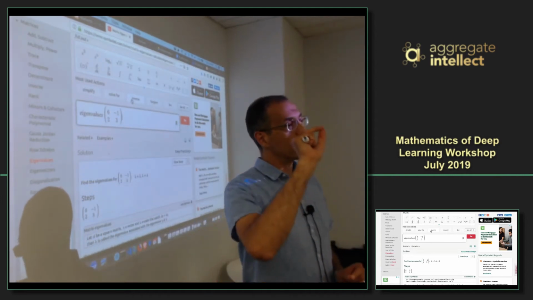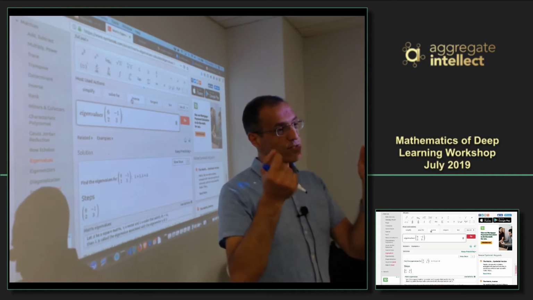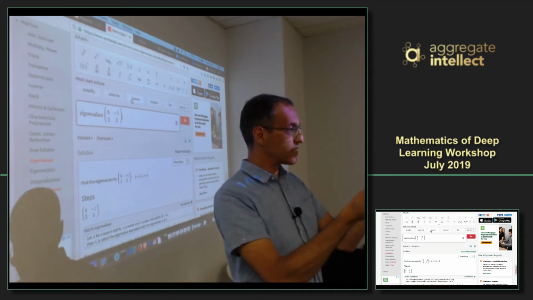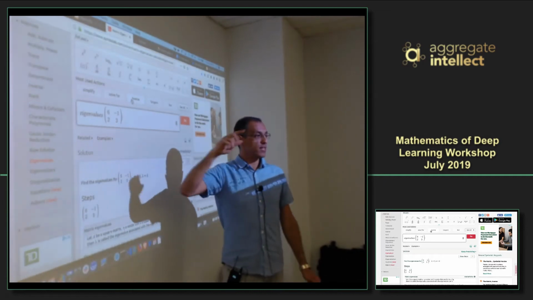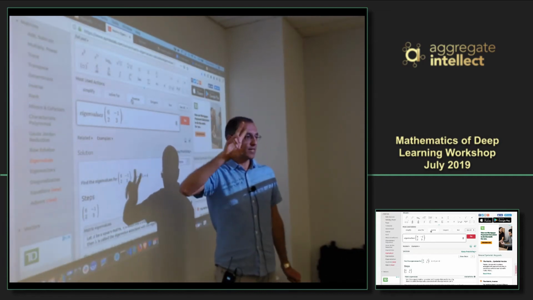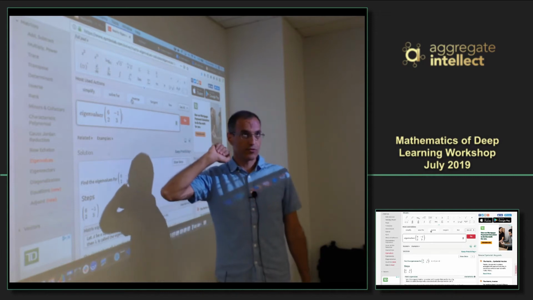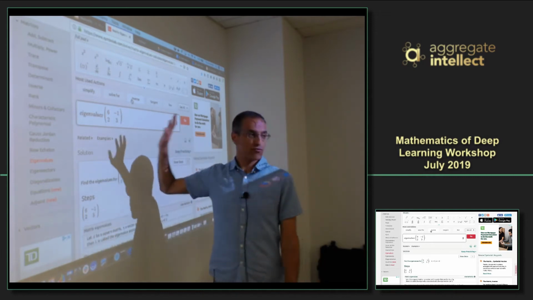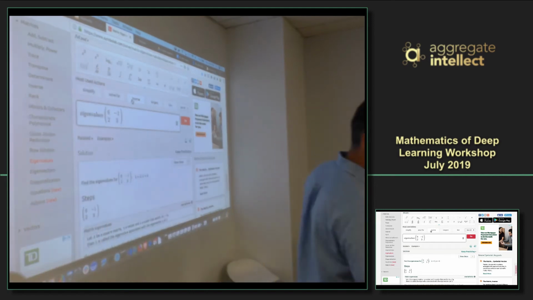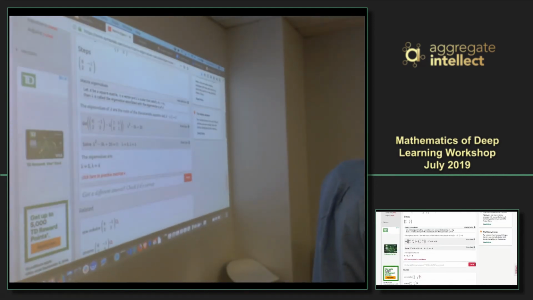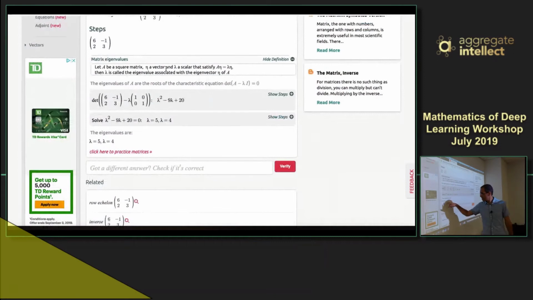Eigenvalues are numbers, scalars. Because this is two-dimensional, this will give us two eigenvalues and two eigenvectors. You can go back to the slides and click on the link and follow the steps to see how exactly we computed that if you forgot.